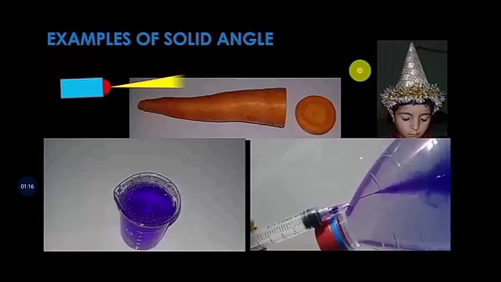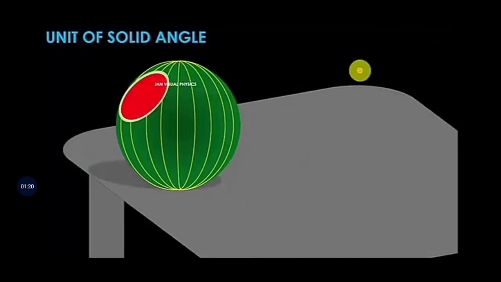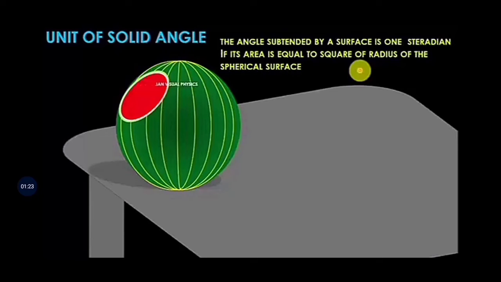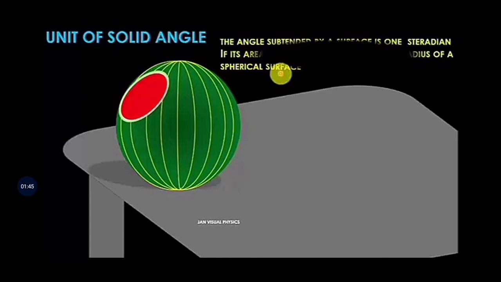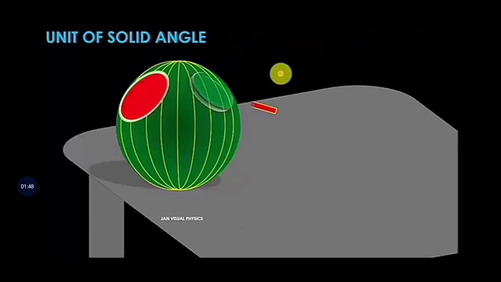Now we discuss the unit of solid angle. The unit of solid angle is steradian. First we define how much is one steradian solid angle. The angle subtended by a surface is 1 steradian if its area is equal to the square of the radius of the spherical surface. Now according to this definition, we take a circular surface on this spherical object.